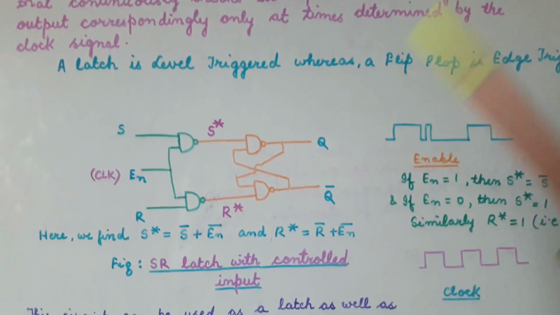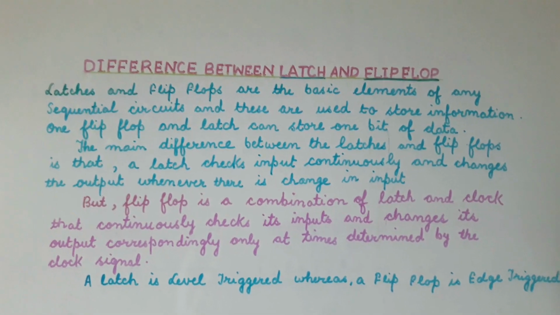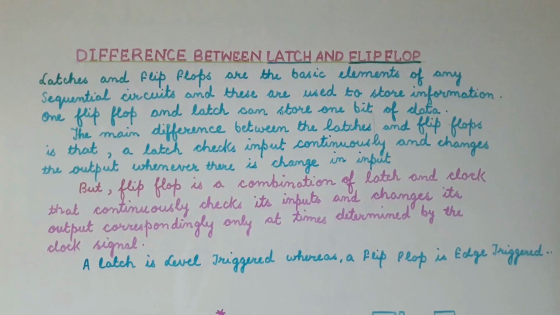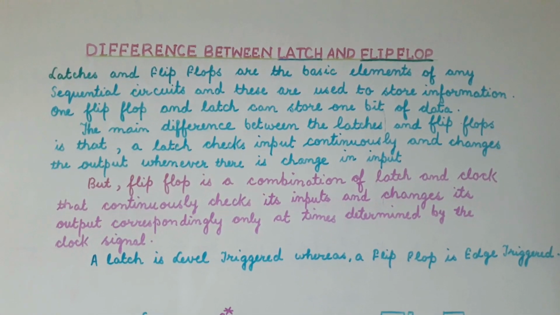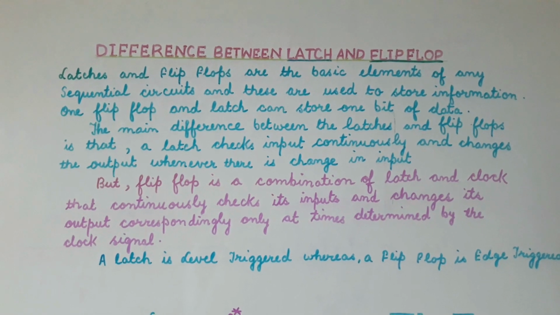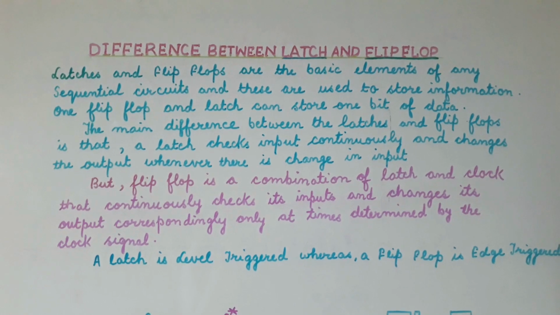According to the definition, latches and flip-flops are the basic elements of any sequential circuit, and these are used to store information. One flip-flop or latch can store 1 bit of data.